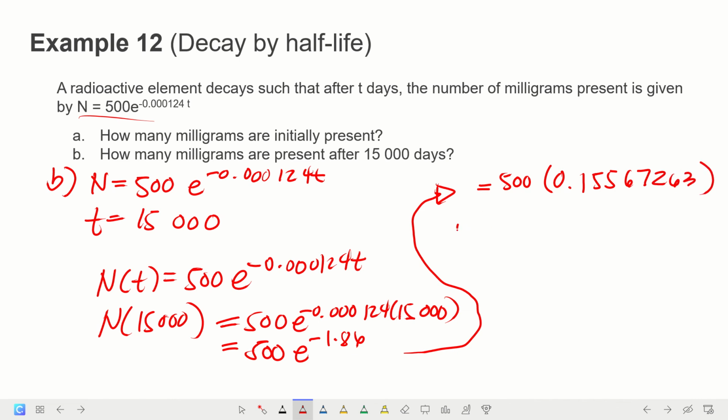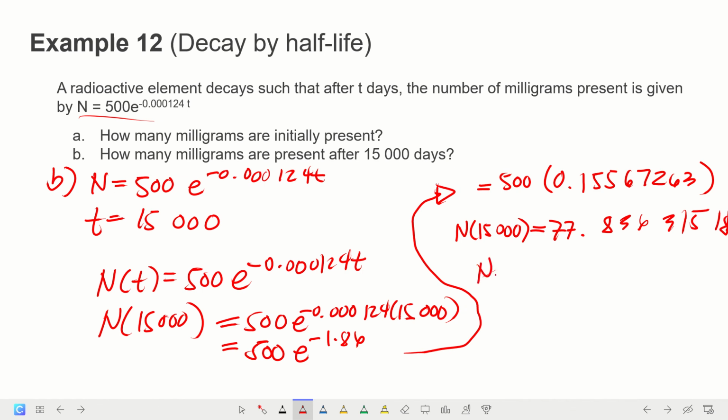So, N when t is equal to 15,000 is equal to 77.83631518.